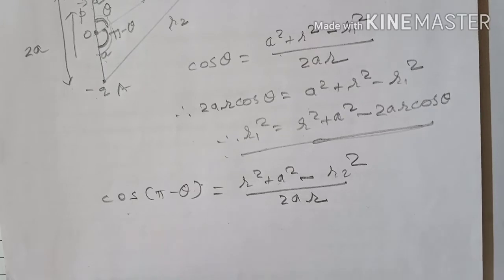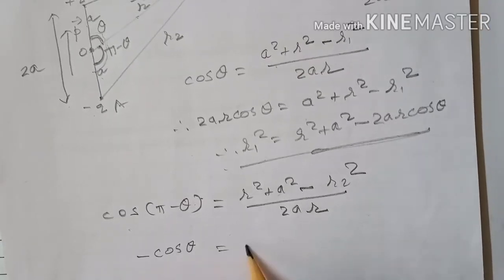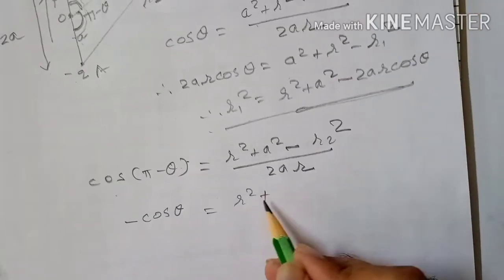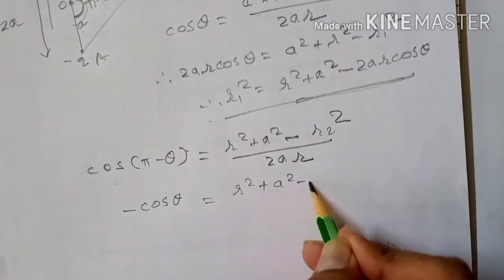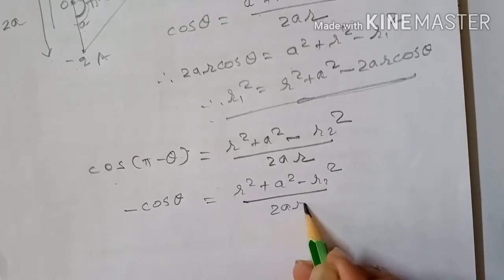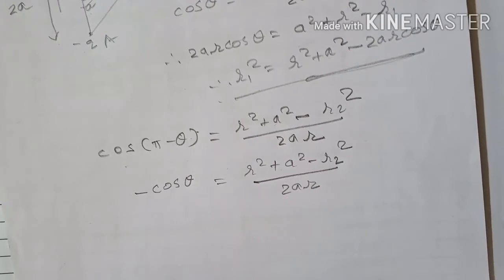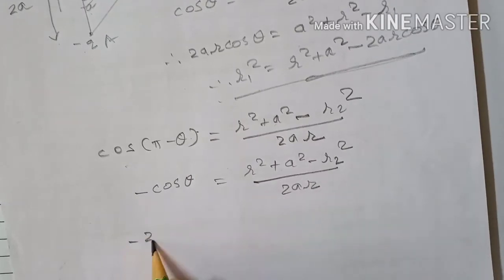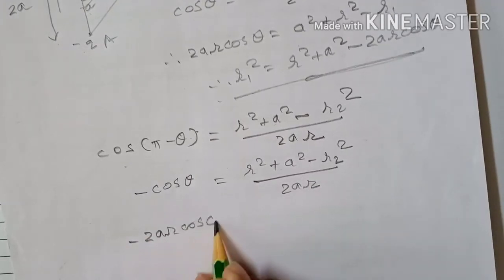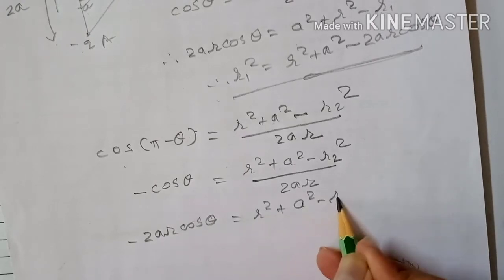Cos of pi minus theta is minus cos theta, equal to r square plus a square minus r2 square upon 2ar. So it can be written as minus 2ar cos theta is equal to r square plus a square minus r2 square.